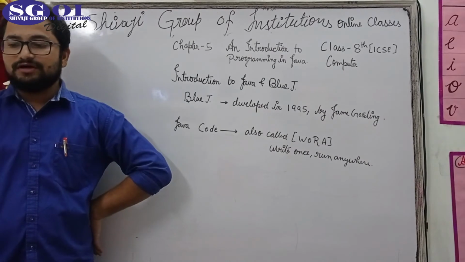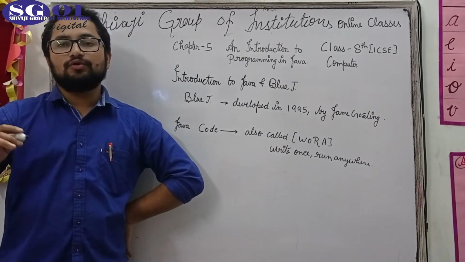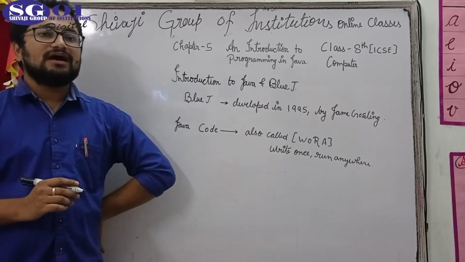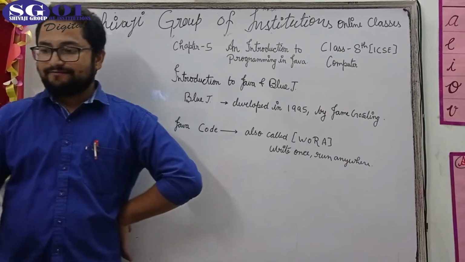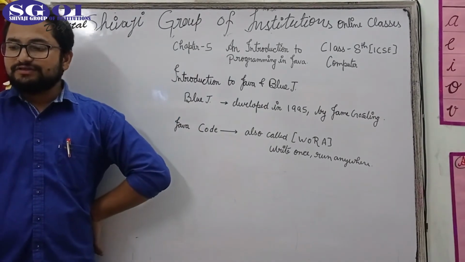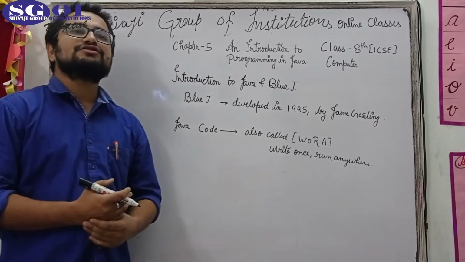Its syntax is similar to C and C++. That means इसका जो कोड लिखने का तरीका होता है वो काफी हद तक सिमिलर होता है C और C++ लैंग्वेज के लिए. ओके, Java is widely used because it is a platform independent language. Platform independent language का मतलब क्या होता है?